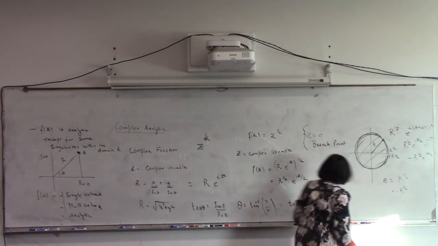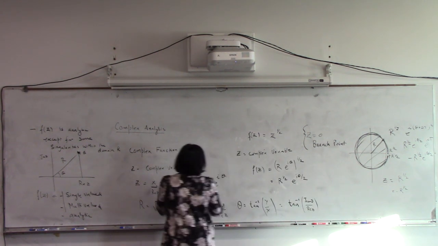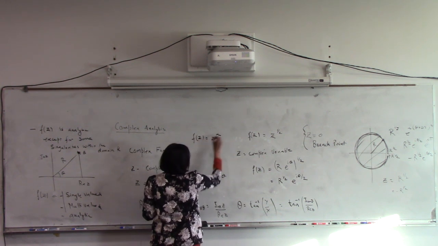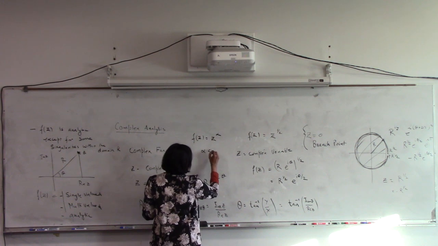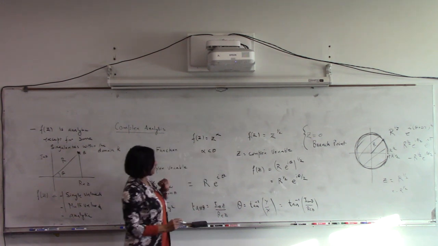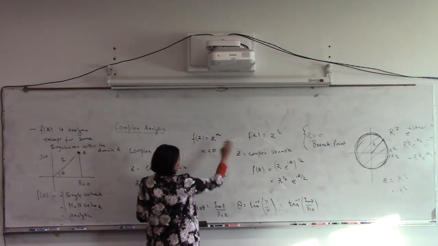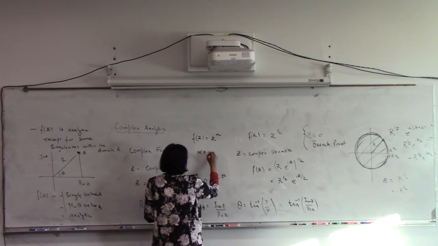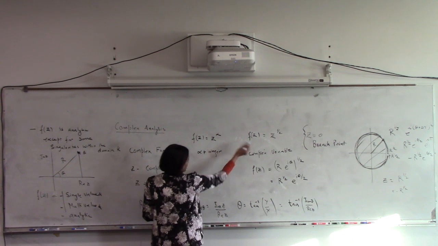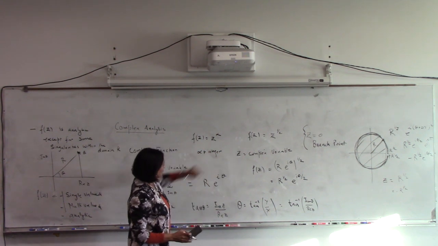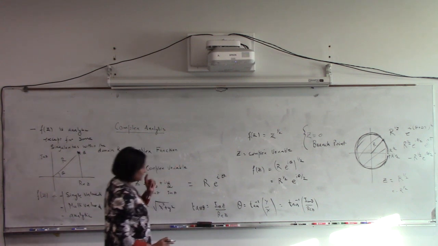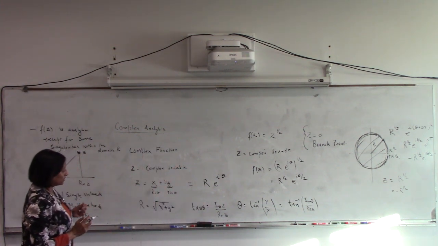So any function f of z equal to z to the alpha, where alpha is not an integer, will be a multi-valued complex function.